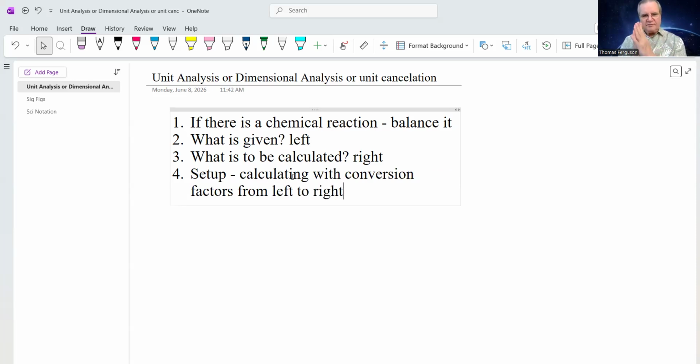The setup is basically you start with something on the left, which is a given, and through conversion factors, we're going to be getting to what's on the right to be calculated. Okay, now this will make more sense. I'm going to give you zillions of examples.